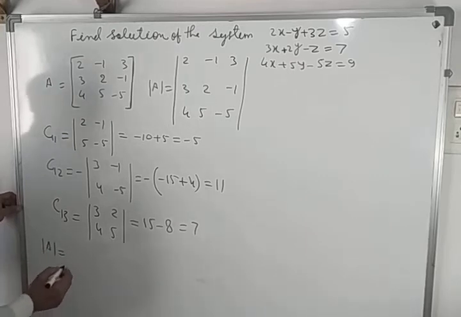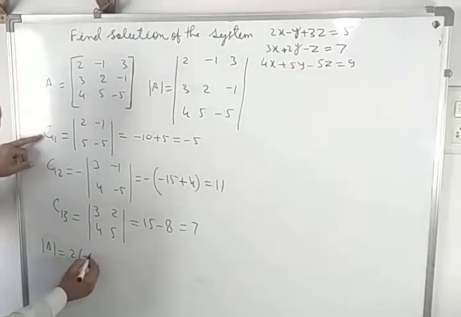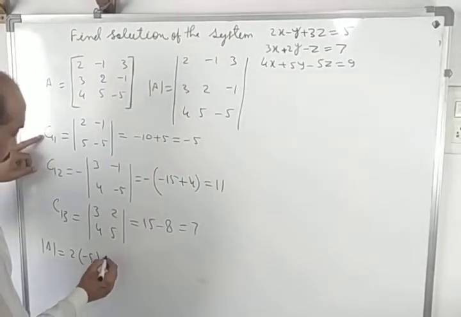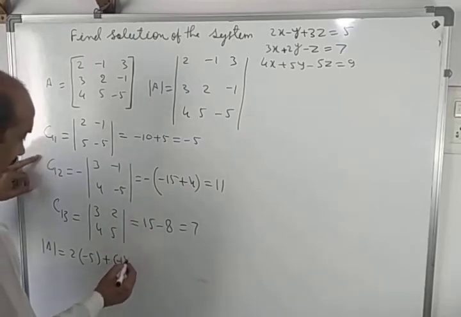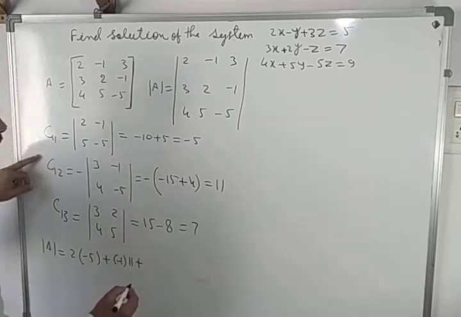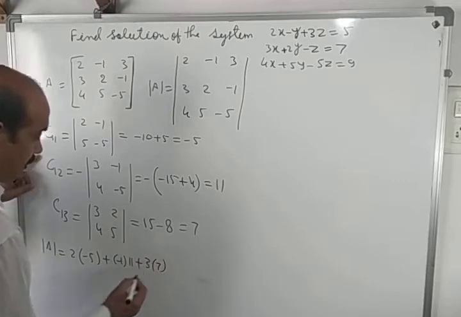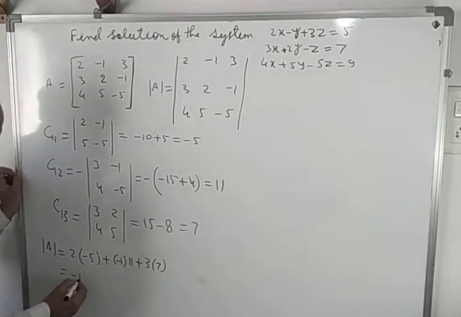So this is 2 into minus 5 plus minus 1 into 11 plus 3 into 7. So this is minus 10 minus 11 plus 21, which is coming 0.